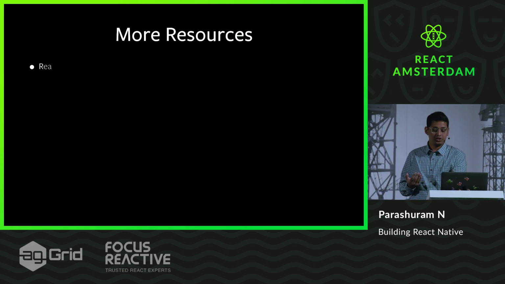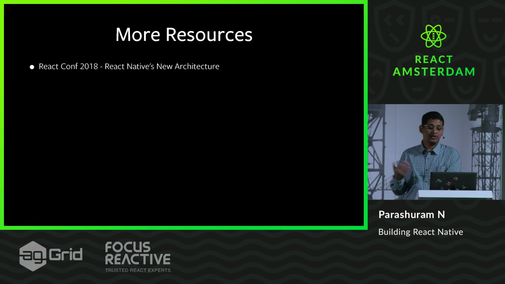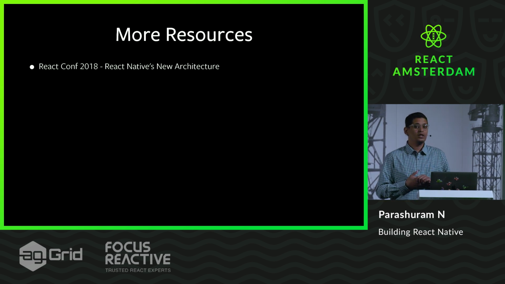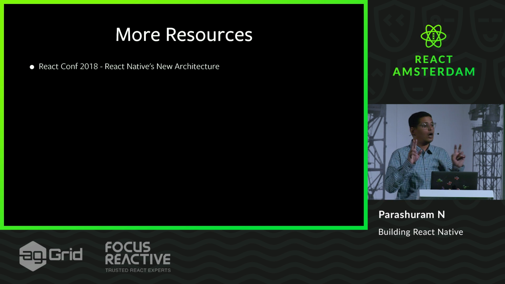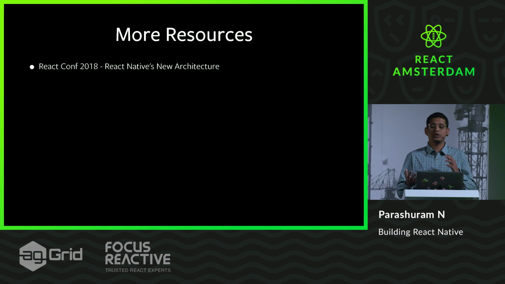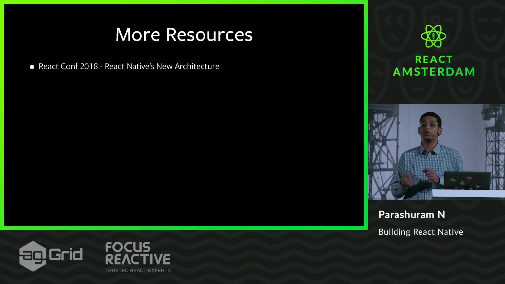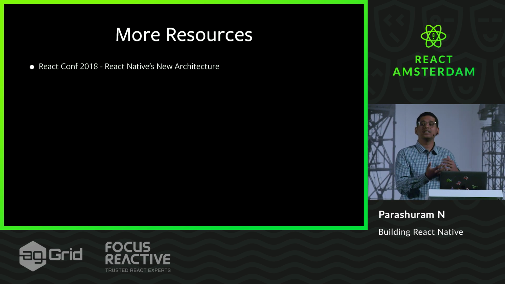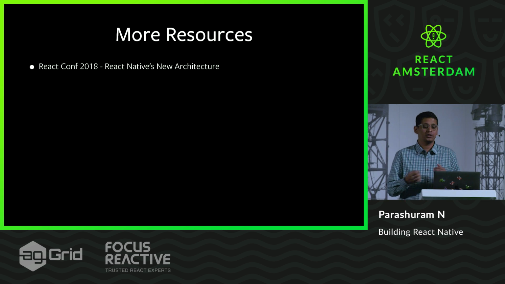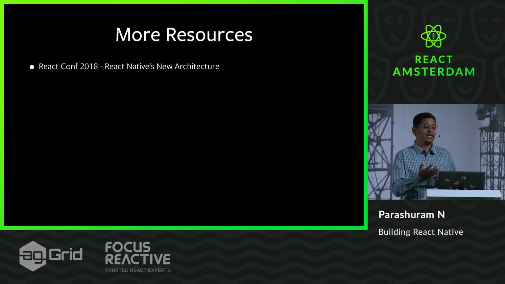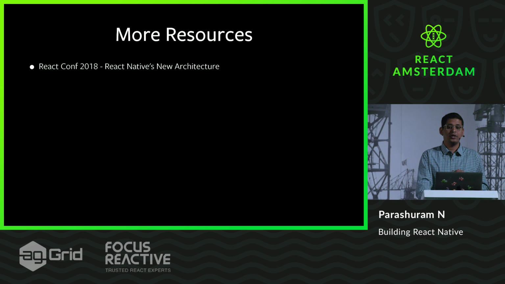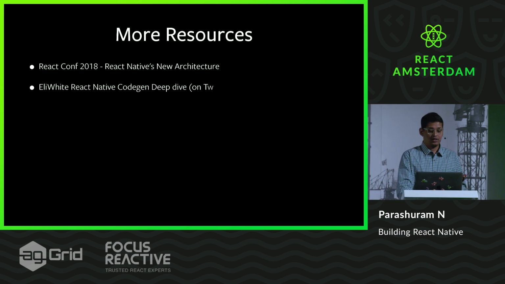There are some more resources about what these are. The first one is a talk at React Conf about the new architecture. In this talk, I mostly spoke about how things are done. I showed you code and talked about how the end-to-end calls happen. But if you're curious about why we need this whole new system, I would highly recommend taking a look at the React Conf video about the React Native new architecture.